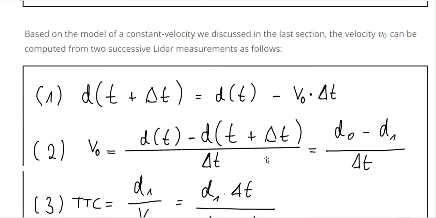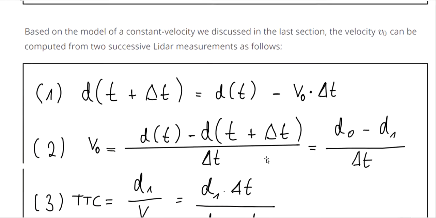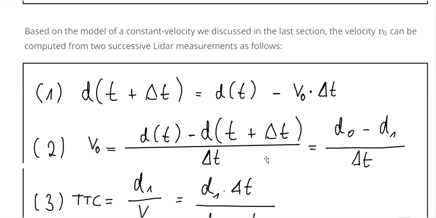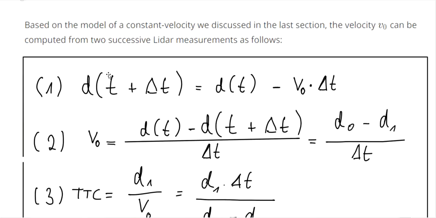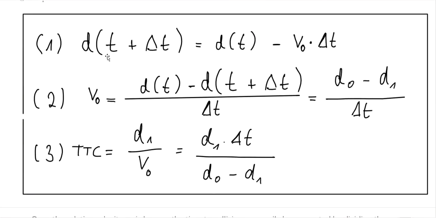Based on the constant velocity model we discussed, the velocity v0 can be computed from two successive LiDAR measurements. Relying on the formula above, we can see the distance after delta t equals the distance at time t minus the distance right here after delta t.